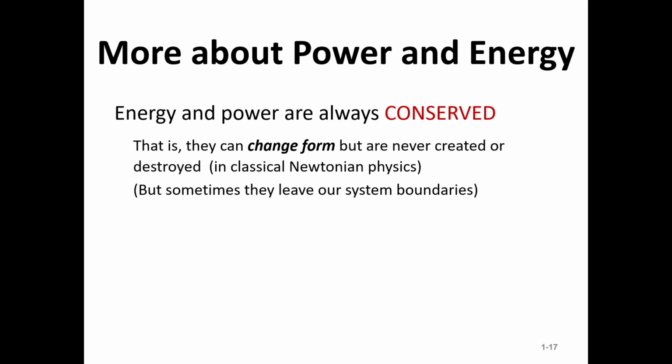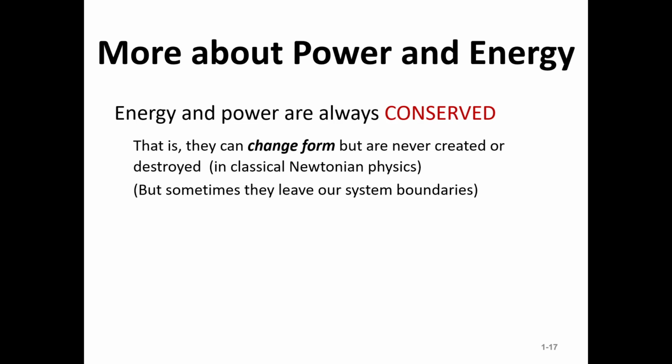But energy in our analyses often leaves our system boundary. That is, electrical energy is turned into heat energy, and that heat energy leaves the system. Likewise, we might have a power source, not an ideal power source. The power is coming from somewhere, but it's coming from outside of our system.